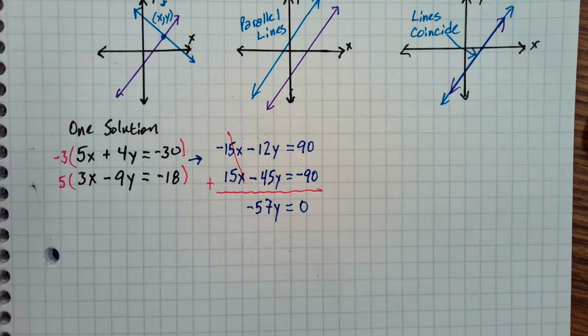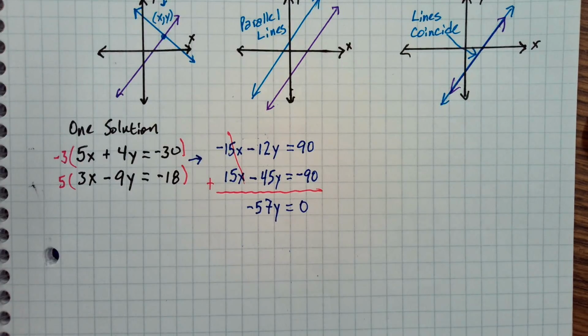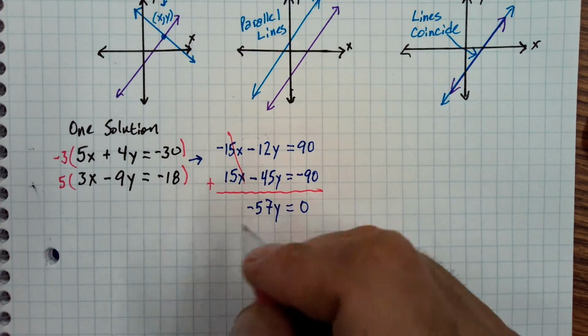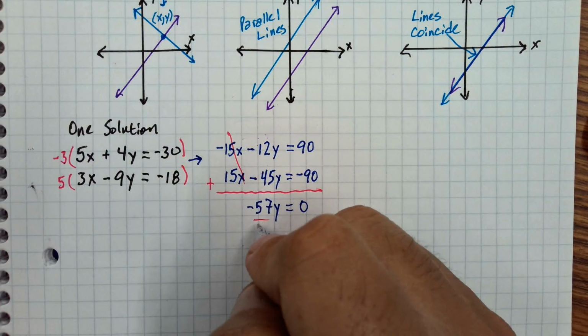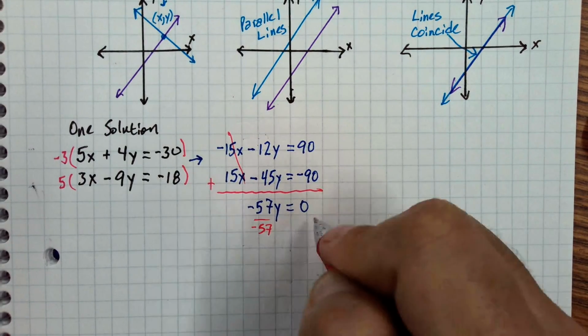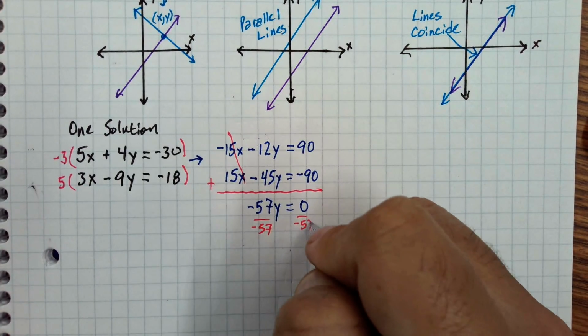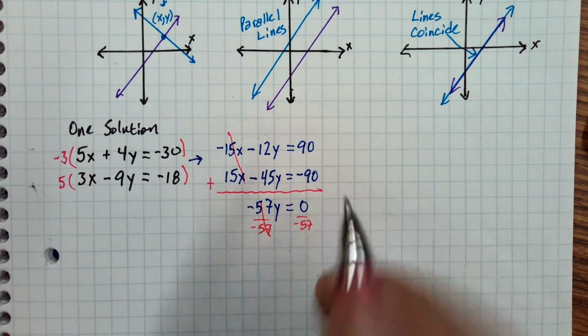Okay. Am I going to get an answer, though? Yeah. Divide by negative 57. y equals 0.